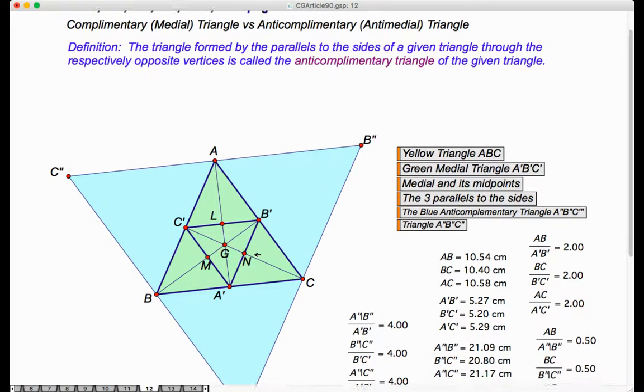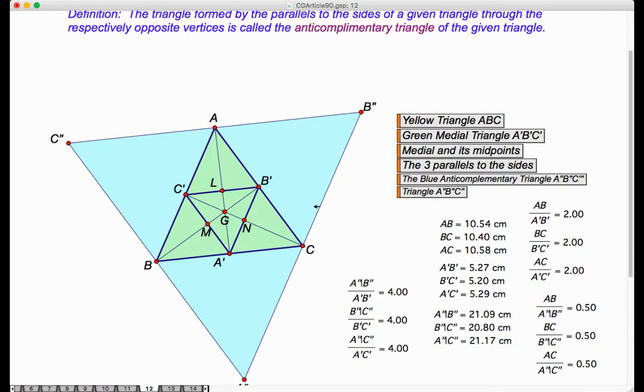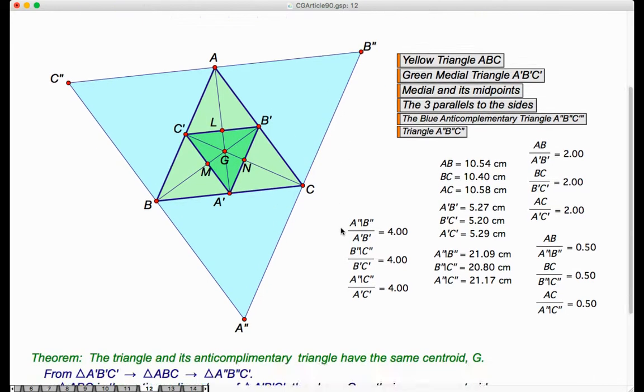But you notice you can think of it this way: the blue one, with respect to the yellow one, so the yellow one is the medial triangle of the blue one, whereas the green one is the medial of the yellow triangle. Hence, I am just reversing terminologies.